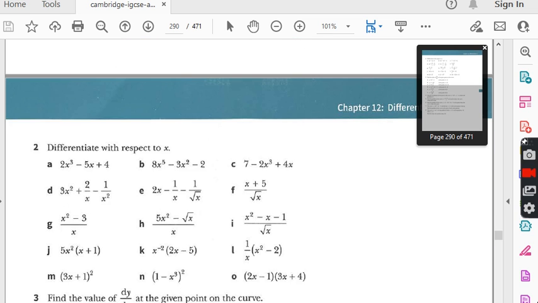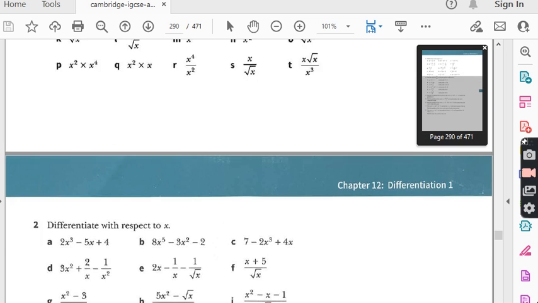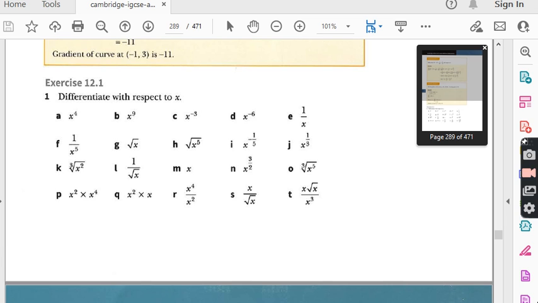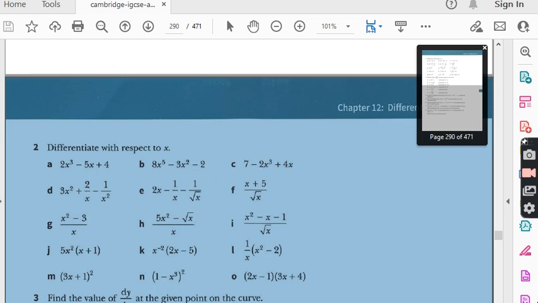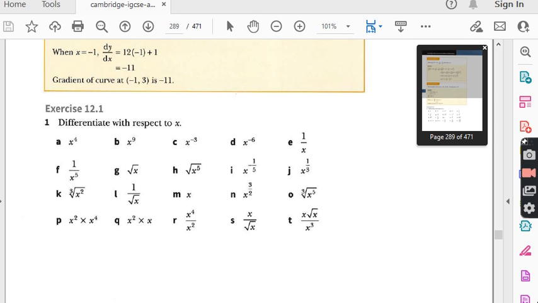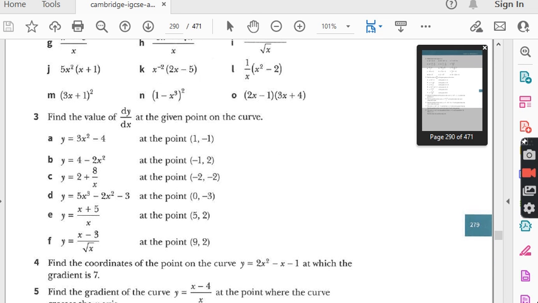Part A to part T, 20 parts, then 15 parts, 35.